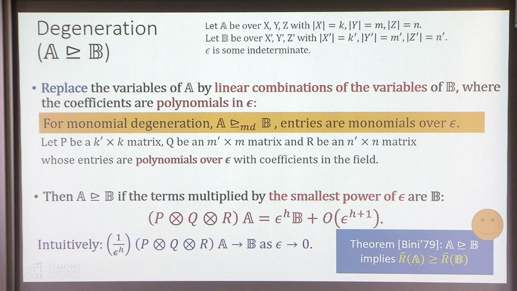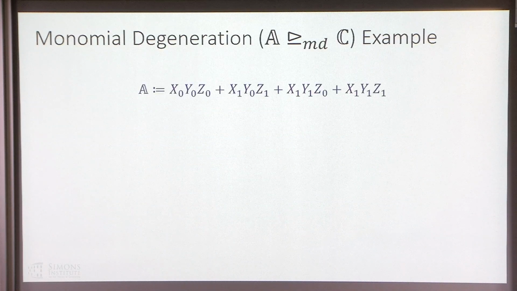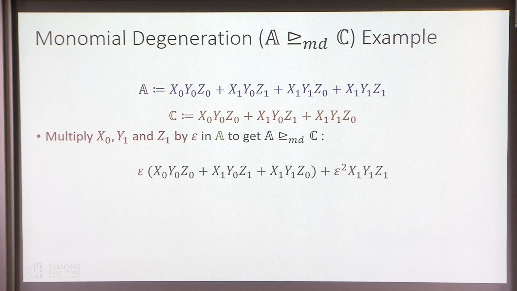Let me give you a very simple example of monomial degeneration, and I'll get back to what Russell said. We take our original tensor and now degenerate it to this tensor C where zeroing out was not possible. What we do is we multiply x0, y1, and z1 by epsilon. Everything except x1, y1, z1 gets a power of epsilon, just the first power.